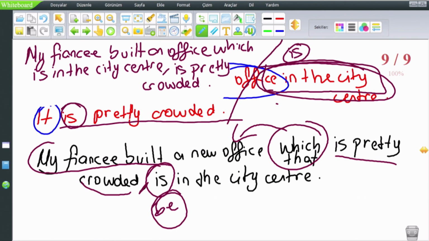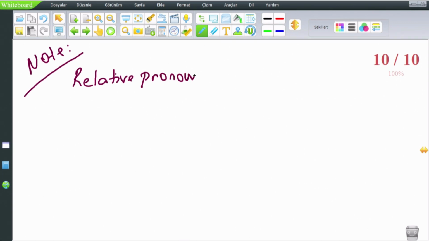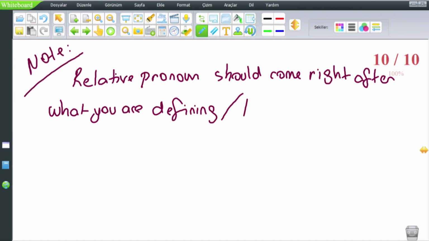Okay, so let's write down a note. Relative pronoun should come right after what you are defining, or the common figure of speech.